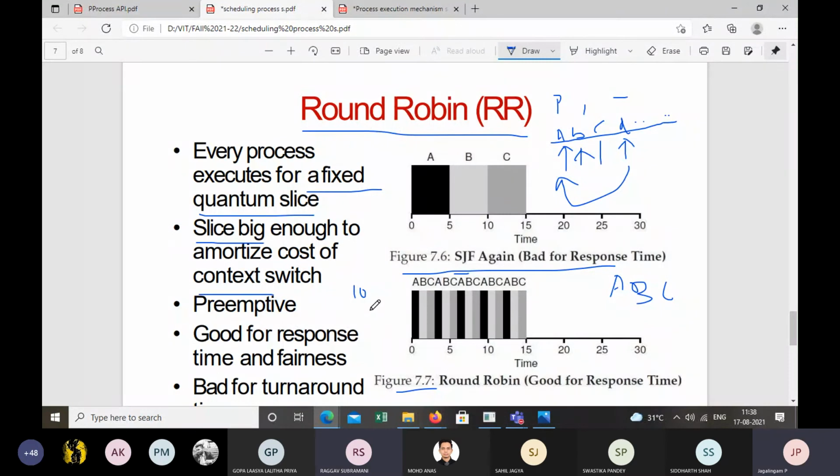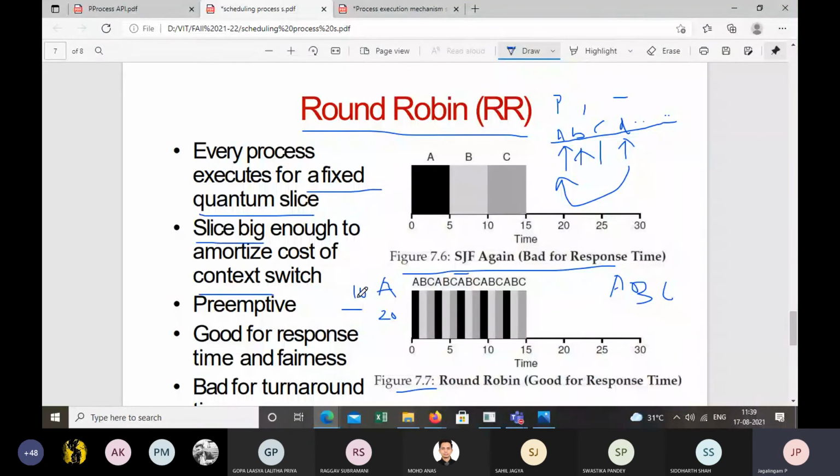Let's say your quantum time here is 10 for this example, and your process A needs 20 milliseconds to complete its execution.